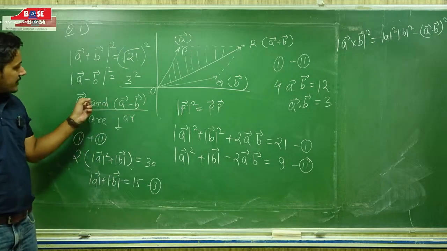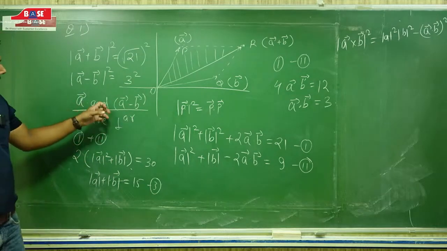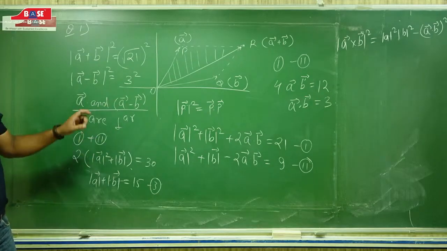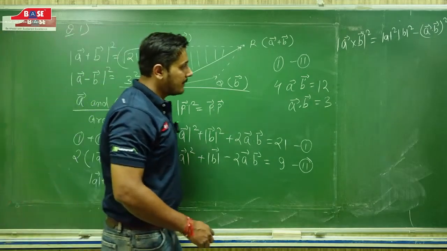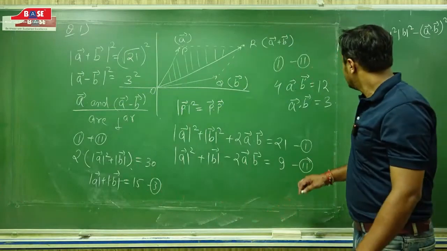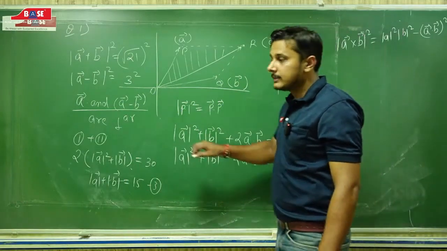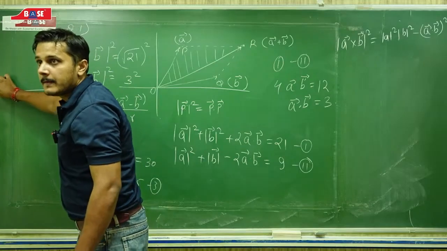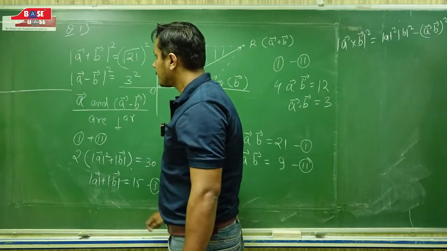This more information is given that a and a minus b, these two vectors are perpendicular, so their dot product will be 0. So let me write their dot product over here.